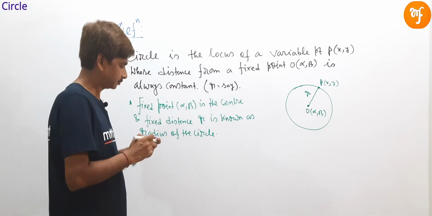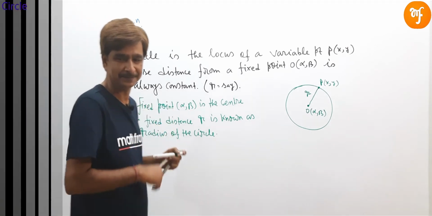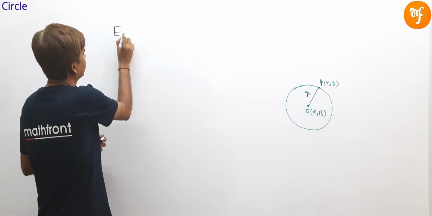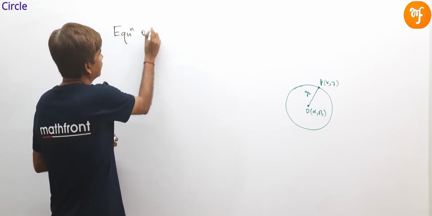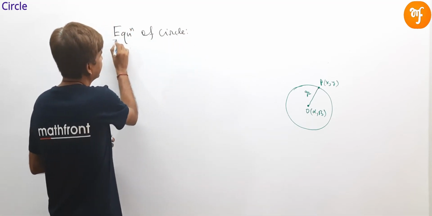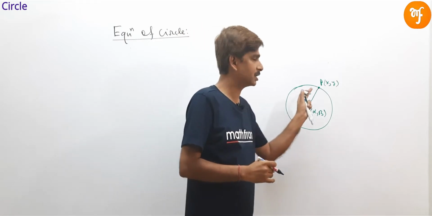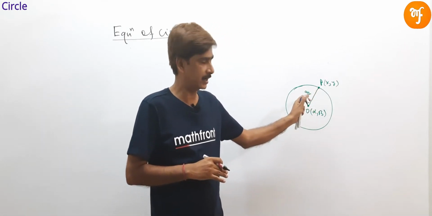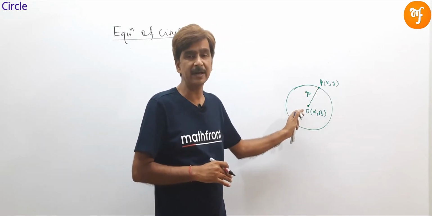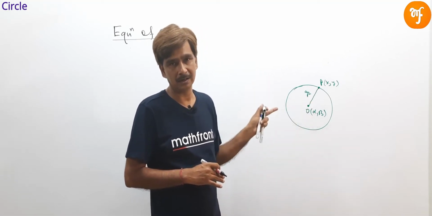So what is the equation of the circle? Let's see. As we discussed, circle is the locus of a variable point x comma y whose distance from a fixed point alpha comma beta is always constant, which is r.